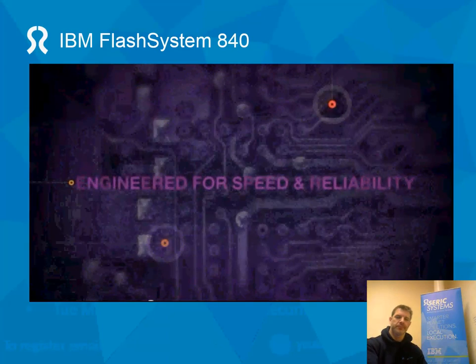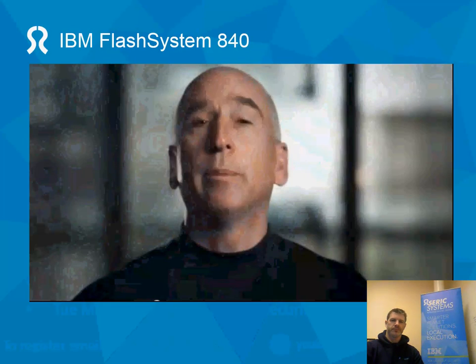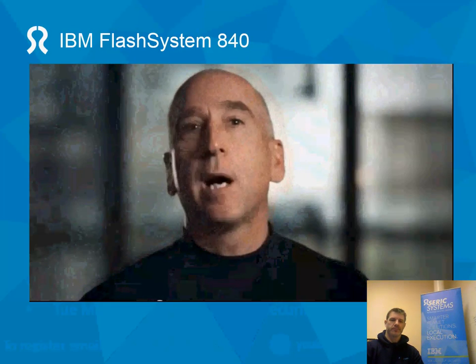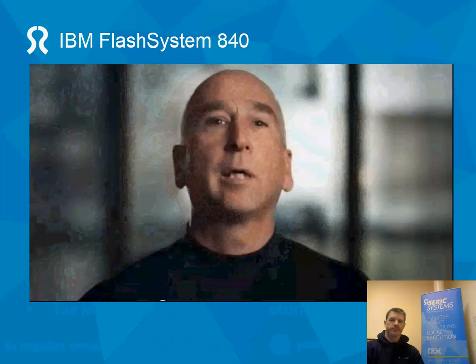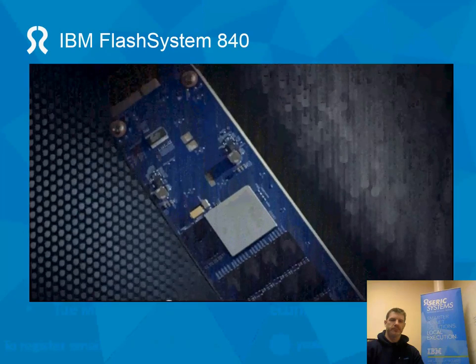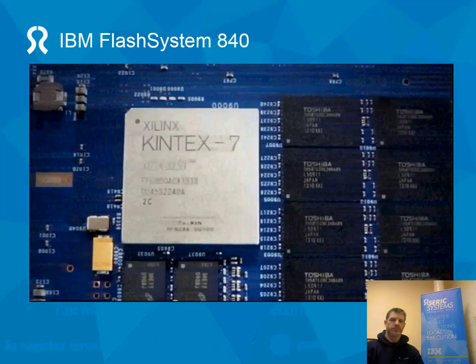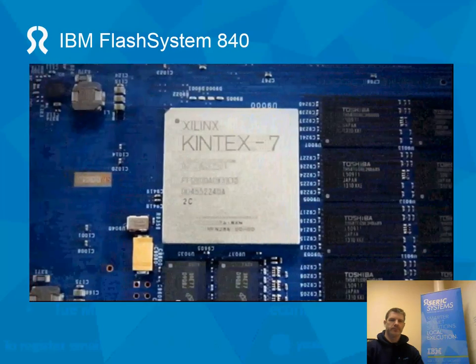The IBM Flash System 840 is engineered for speed and reliability. Where competing systems start with off-the-shelf commodity servers and third-party SSDs, Flash System is architected from the chip up to take advantage of the positive characteristics of NAND and deal with the endurance challenges.